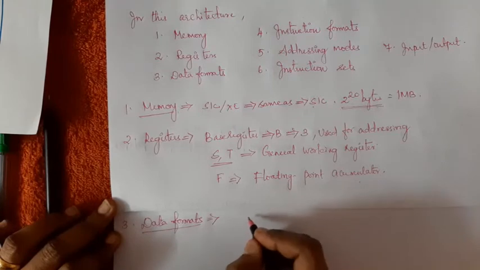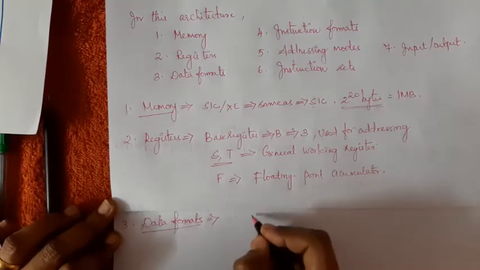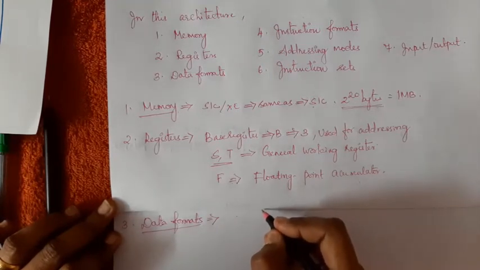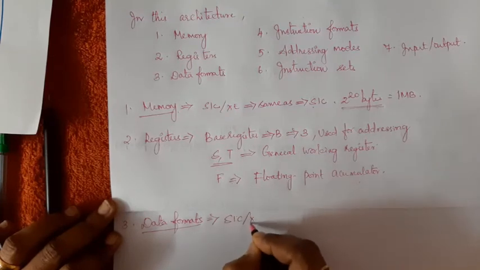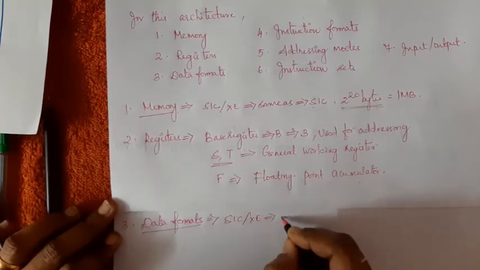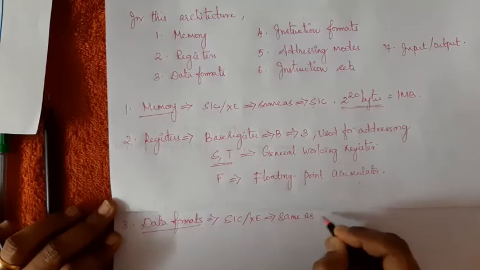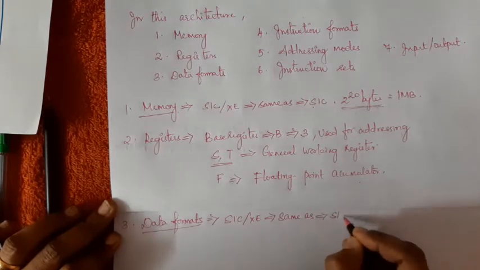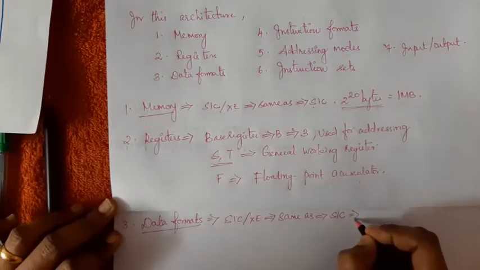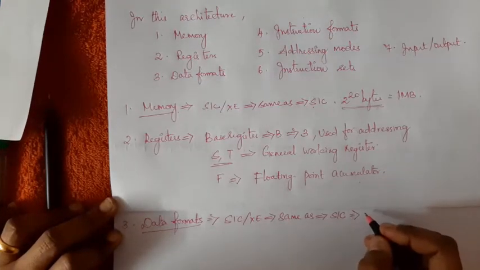Again SIC XC provides the same data format as SIC. So whatever data format we used in SIC will be the same here also. But in addition we'll have a 48-bit floating point data type.